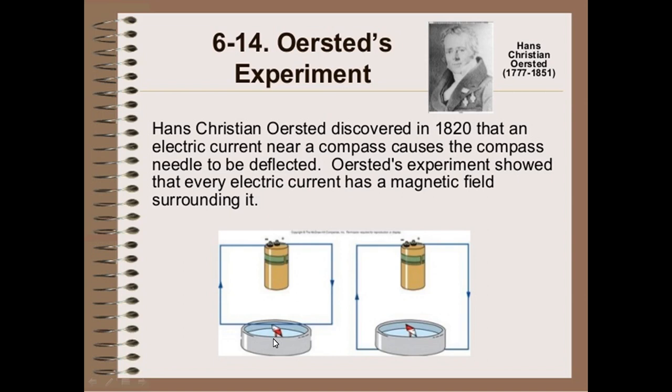He observed that there was deflection in the magnetic compass, and a magnetic compass can only be deflected in the influence of a magnetic field. Now what was the conclusion? That a current carrying wire has a magnetic field surrounding it. So wherever there is electric current flowing, there is a certain magnetic field around that wire.